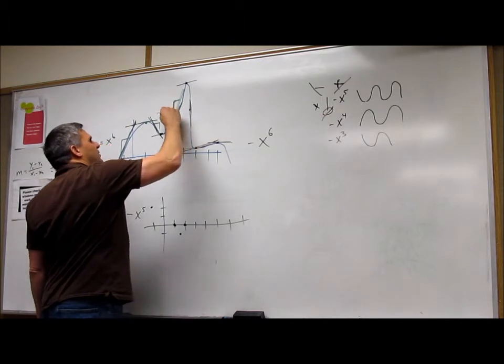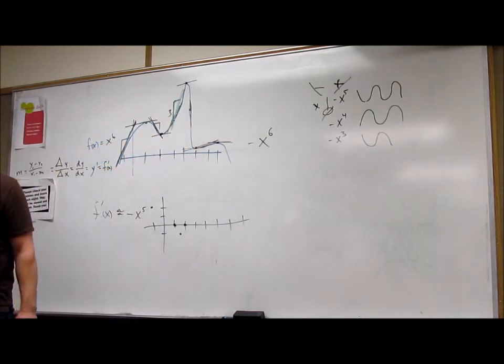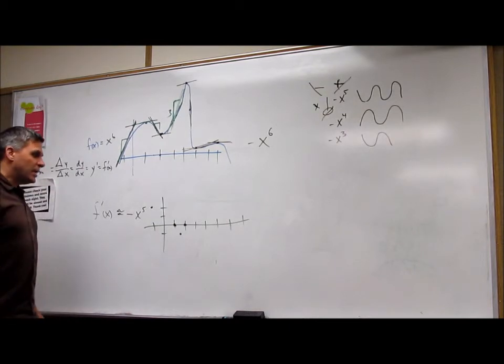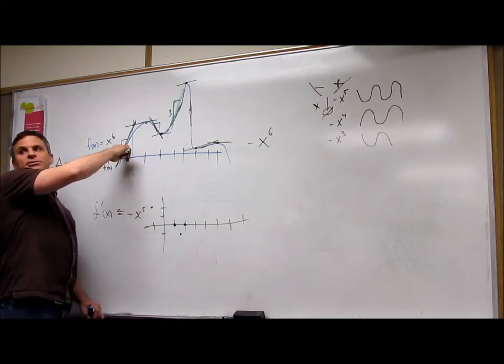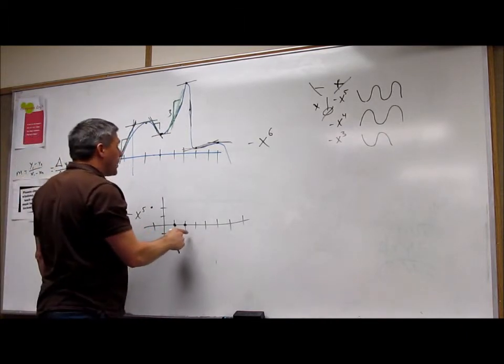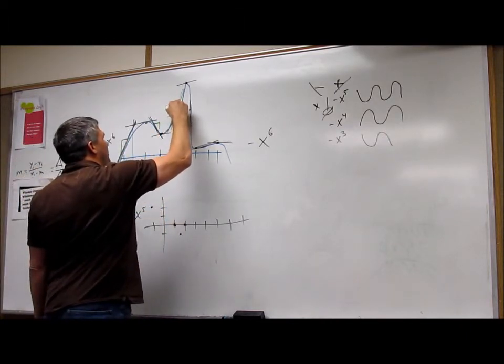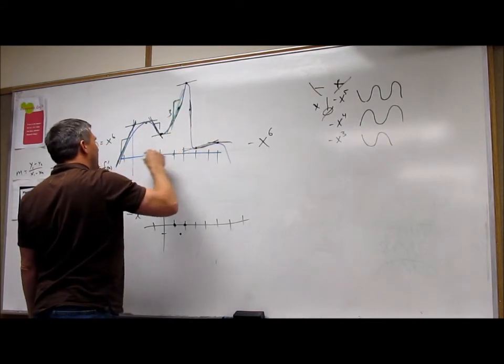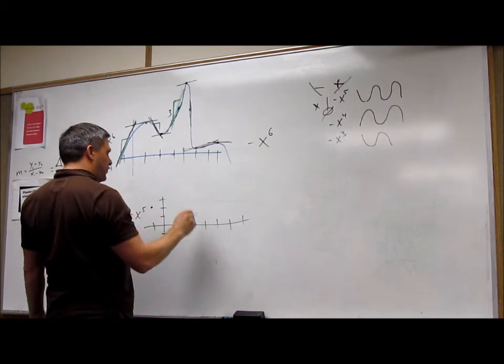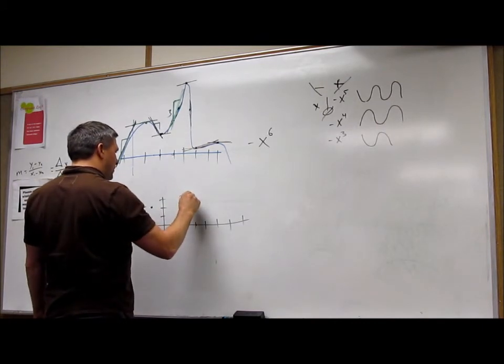This looks, I don't know, like 3 to 1, maybe. It's a little bit steeper than this, right? And this was 2, so why don't we call that 3? Somewhere around here, so it's at about 3. So I'm going to come up here and put that dot.